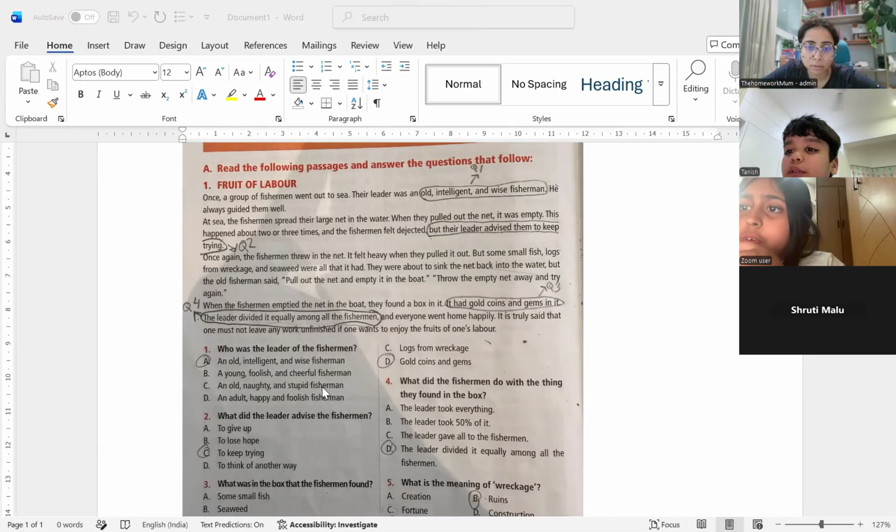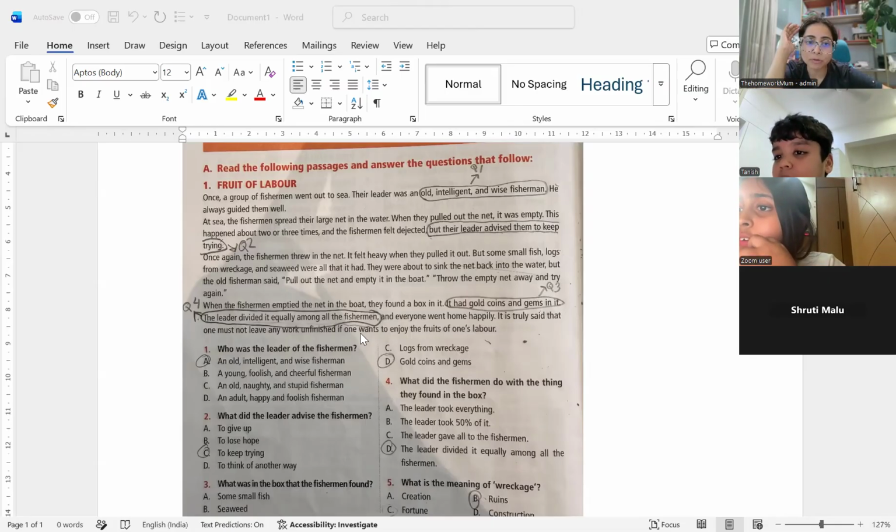They were about to sink the net back into the water, but the old fisherman said, "Pull out the net and empty it in the boat. Throw the empty net away and try again." When the fishermen emptied the net in the boat, they found a box in it. Stop.